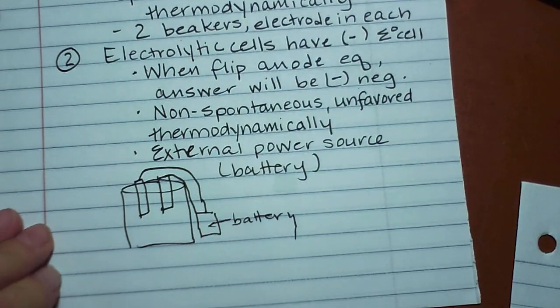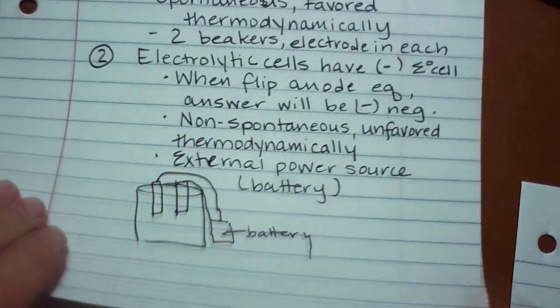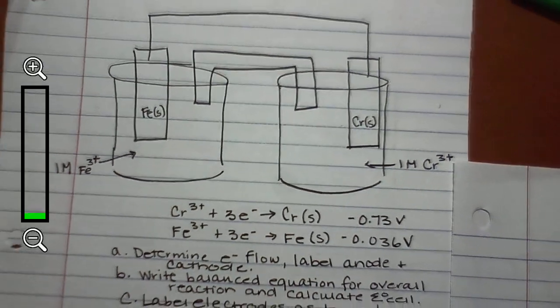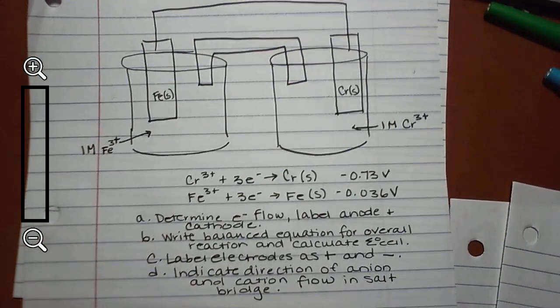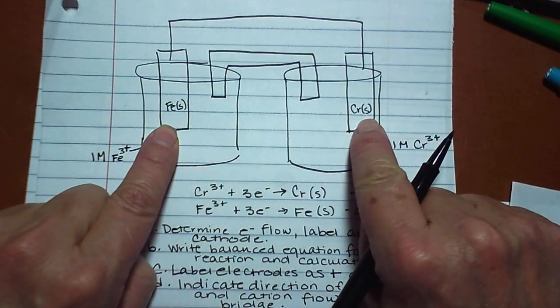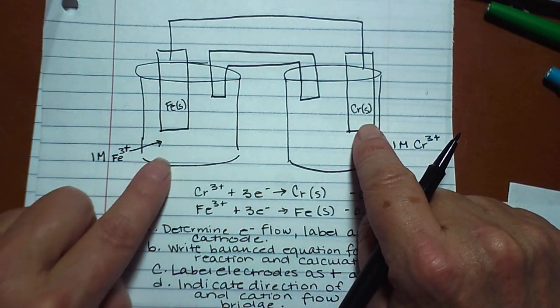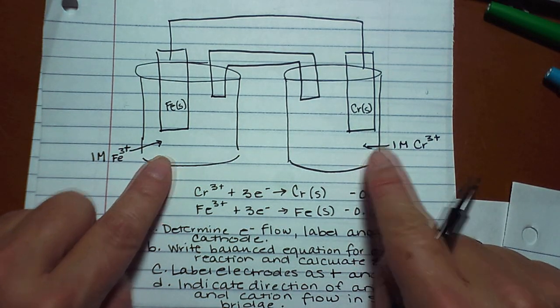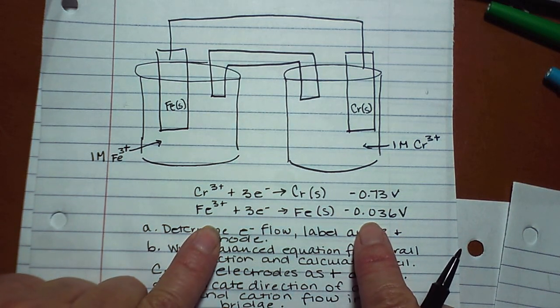All right. So let's take a quick look. I know this video is getting long. Let's take a quick look at a sample problem. I've already drawn it out and everything, so we're just going to do this quick problem together. And I've already put your homework up. So here's a battery. It's got iron on one side, and chromium on the other side. In the solution, it's got iron 3+, and in this solution, it's got chromium 3+. Here are the two reduction equations.